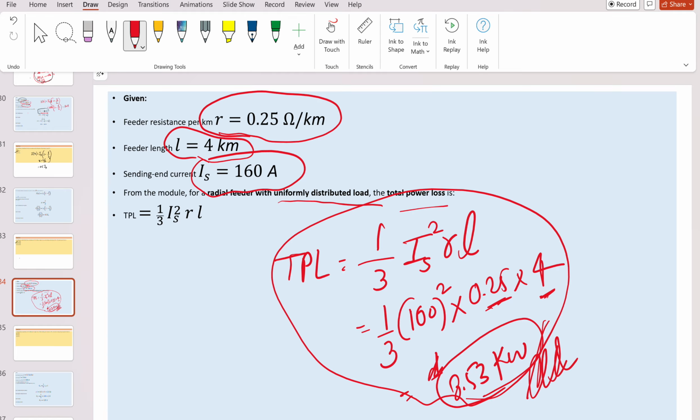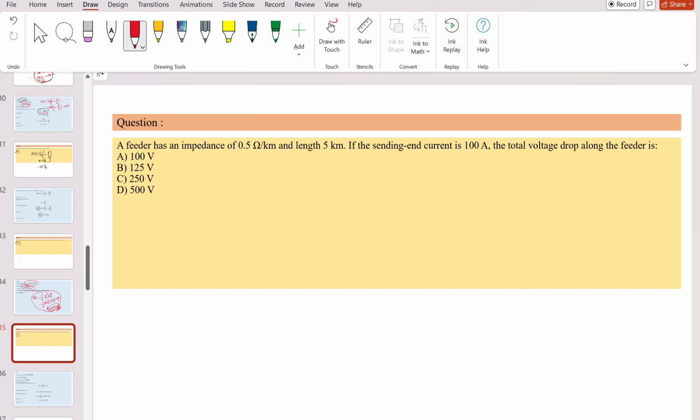So you just have to remember two formulas. One gives the 8.53 total power loss, and the other gives the voltage drop from the sending end. There are two formulas. Try to solve this. What will be the total voltage drop?